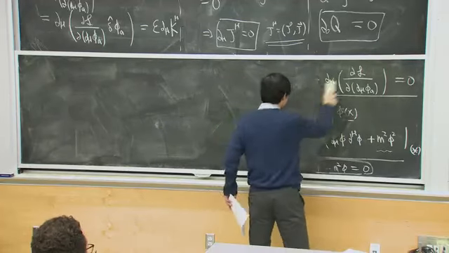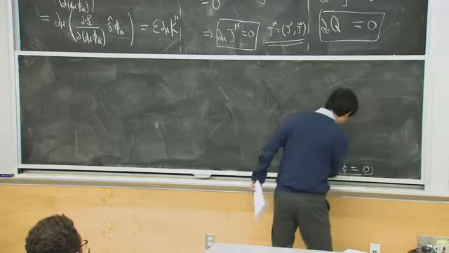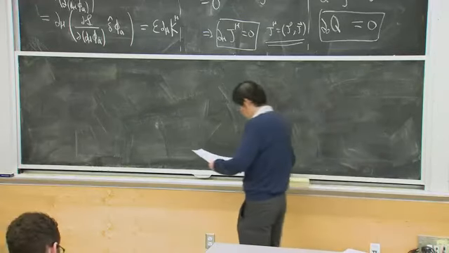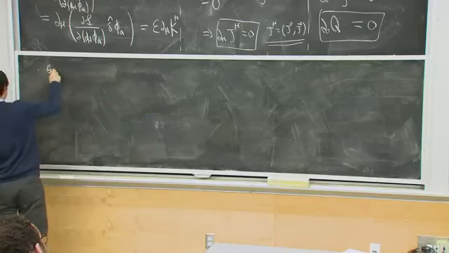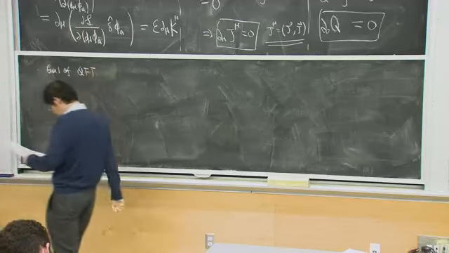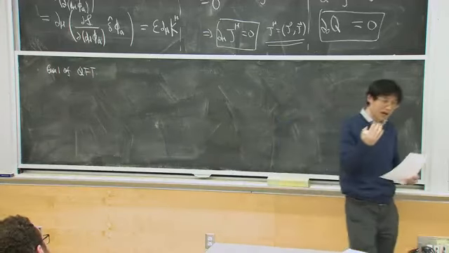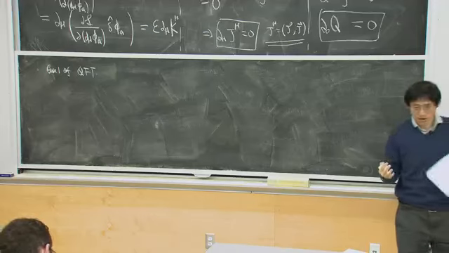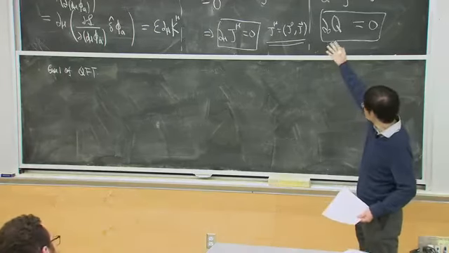So here I will restate our goal for quantum field theory, which I said a little bit in the last lecture. Now we have seen the classical fields, and our goal is to understand the quantum version of this story.